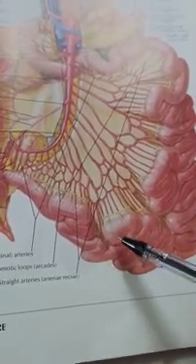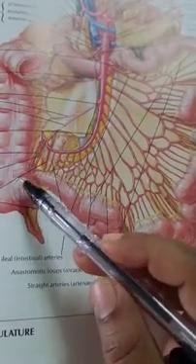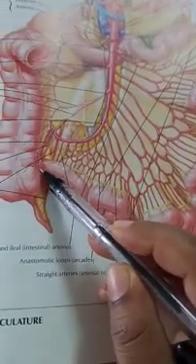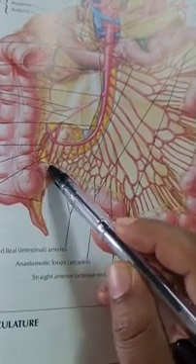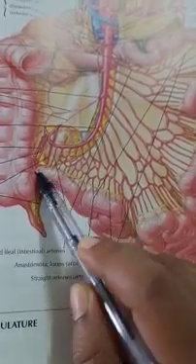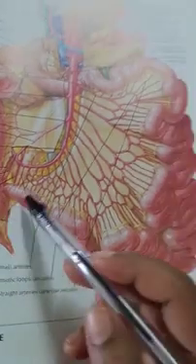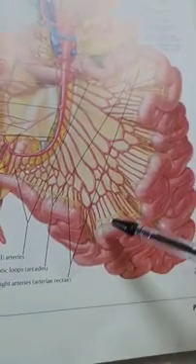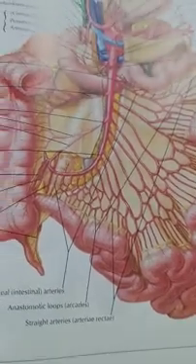The ileum ends into the cecum at the ileocecal junction. That we will learn later. Then the difference between the jejunum and ileum.